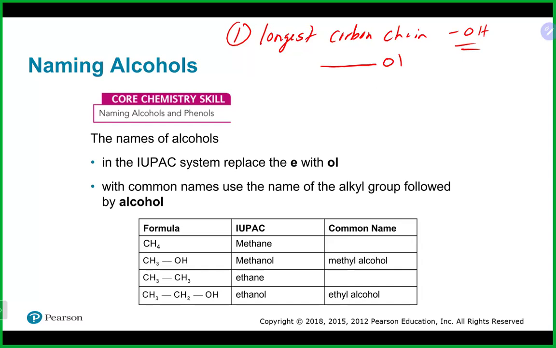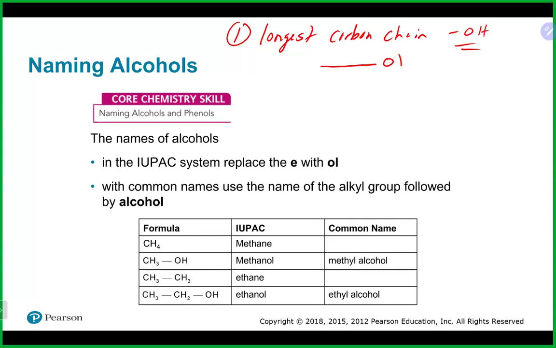Now, as we also talked about, the priority in terms of numbering the longest carbon chain is the OH group here. So much like the double bond and triple bond get the priority in terms of the numbering, here the OH group gets the priority. And always in organic chemistry, it's all about the smallest number, so we want to give the OH group the smallest number.